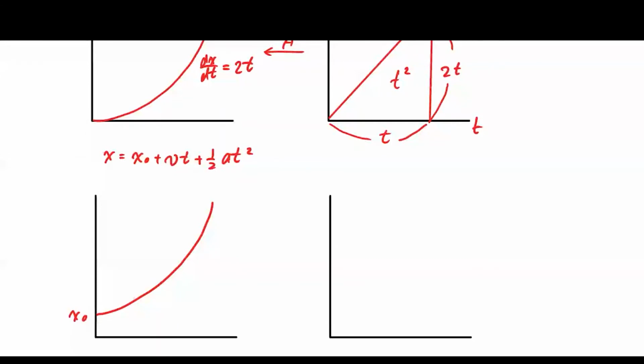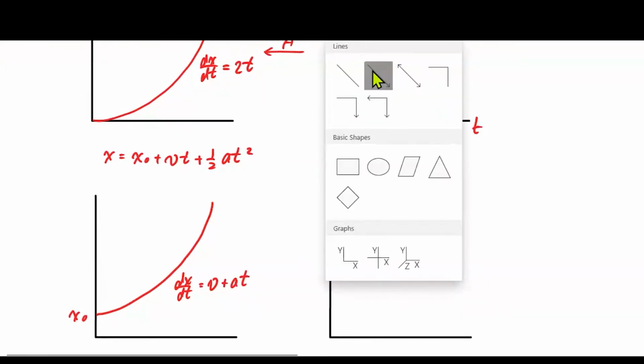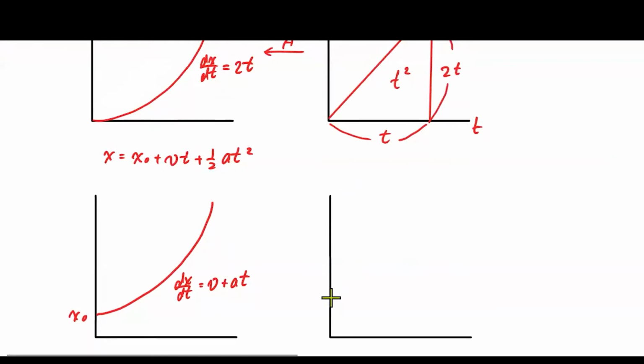Say yes. Okay, now, if we take a derivative of this, dx dt, which is a velocity, that gives you v plus at, right? Say yes. So v plus at will look like this then, eh? So this is v is equal to v, let's say v naught, because otherwise it's confusing. V naught plus at.